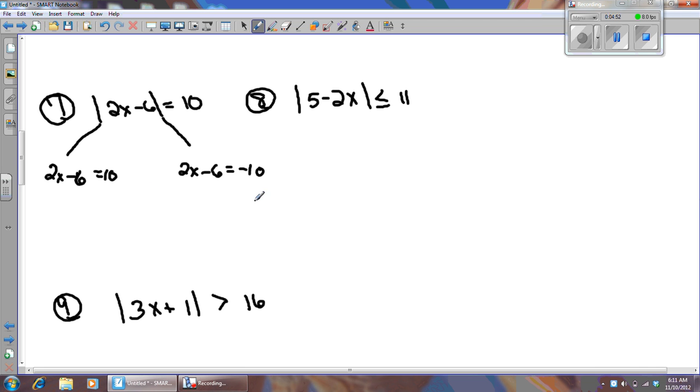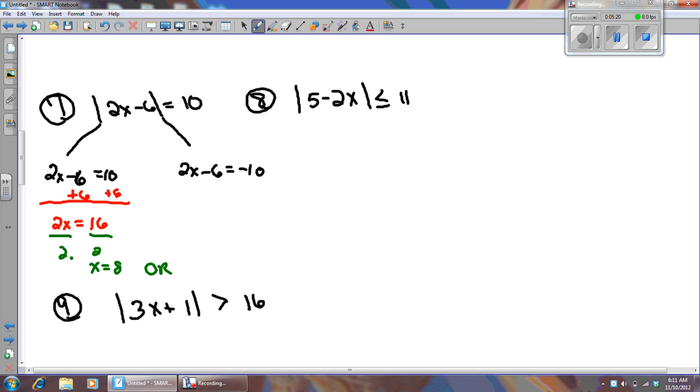All right, I'm going to add 6 to each side. We're going to get 2x equals 16. And then I'm going to divide each side by 2. x is going to equal 8. That's one of my solutions, and I really shouldn't have circled that because I want to get both solutions, don't I?